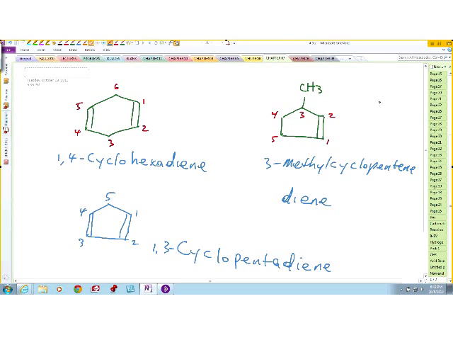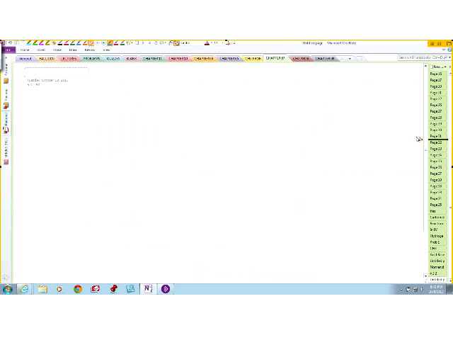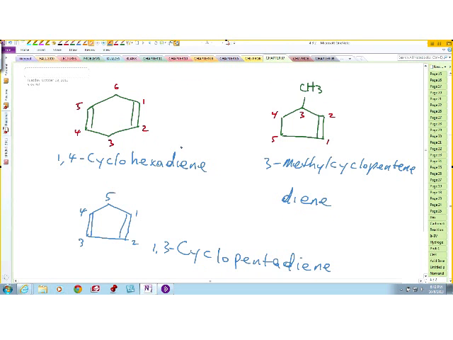Now let us go to another set of nomenclature. Can we go back? Sorry. With the cyclohexadiene, why can't you go the other way around and get 1,3 as well? Like count counterclockwise from the first one.